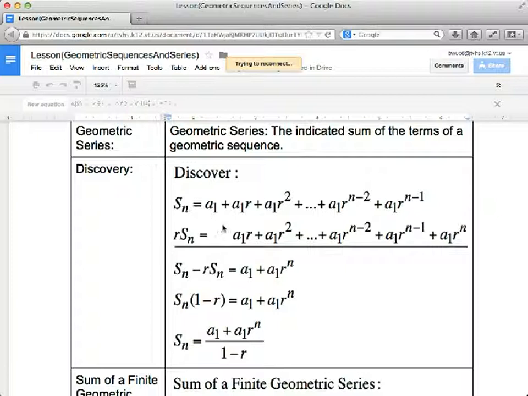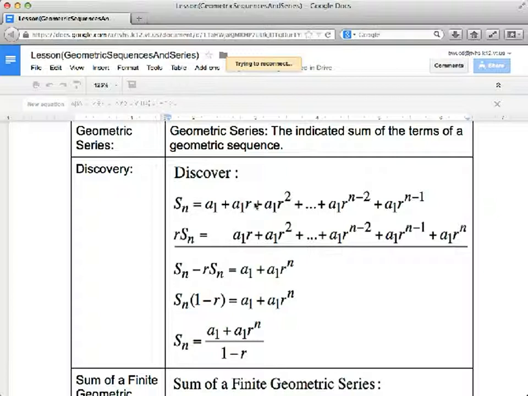If I multiply this all by r, a sub 1 times r becomes a sub 1 r. A sub 1 r multiplied by r becomes a sub 1 r squared, then a sub 1 r cubed. All of the exponents just increase by 1, so it becomes offset.